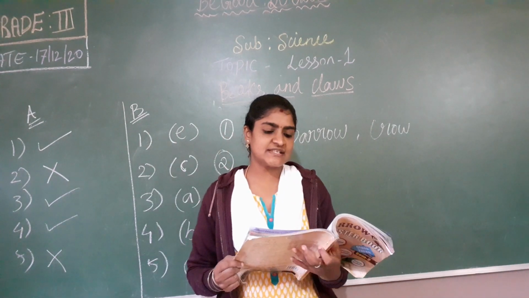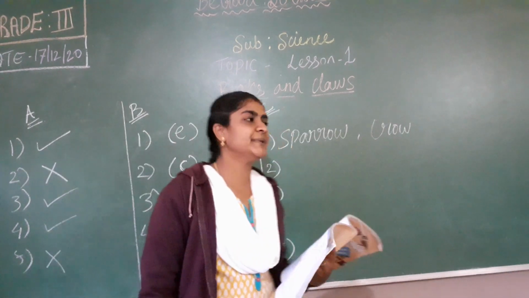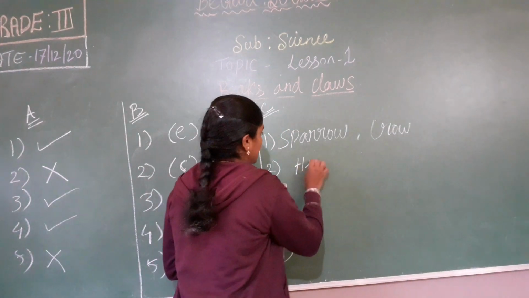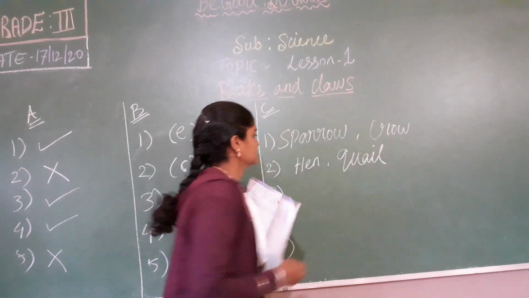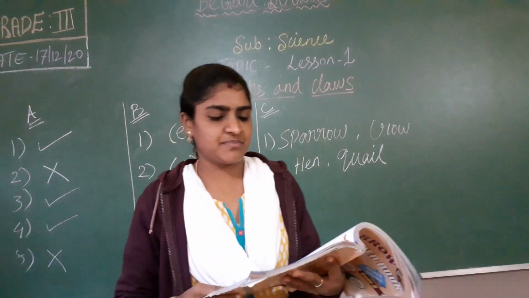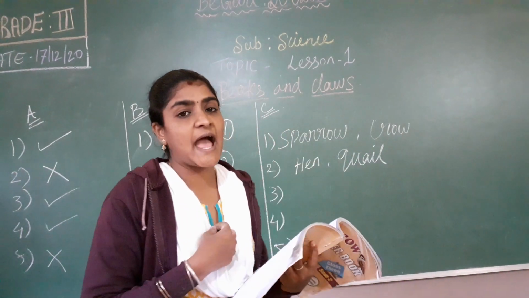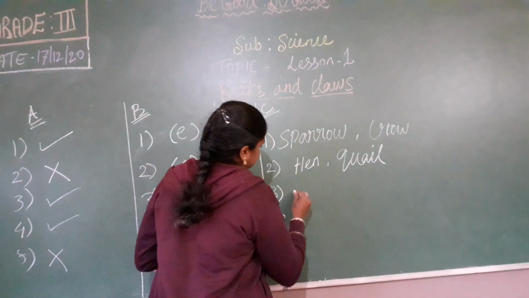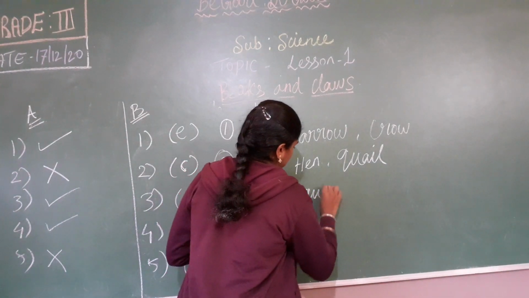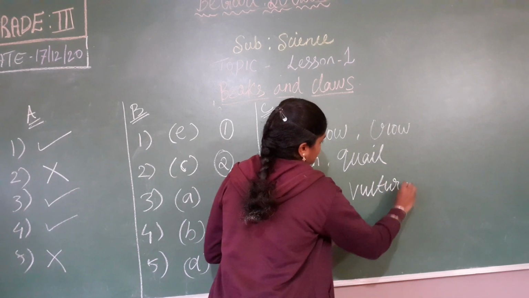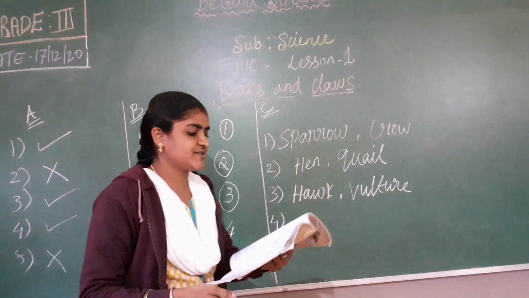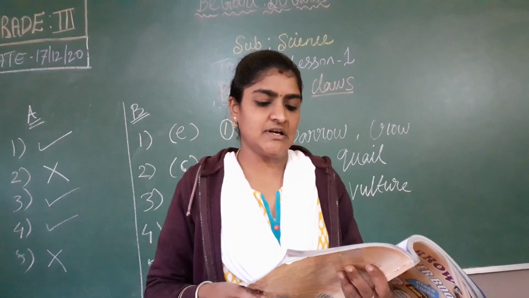And second one is a scratching bird. Example hen and quail. Third one is a prey bird. Example owl and vulture. Next, fourth one is a climbing bird.